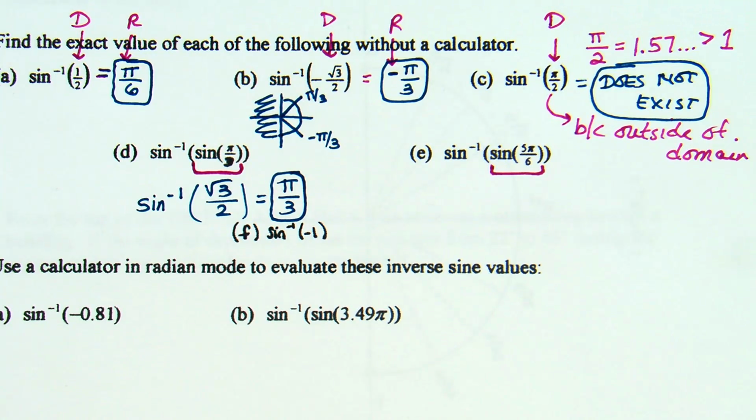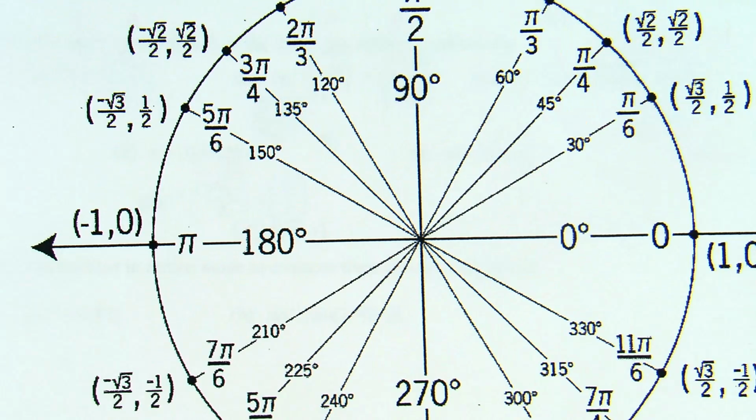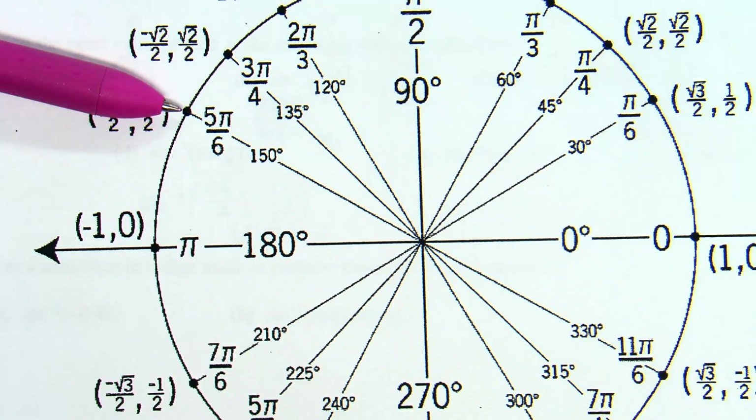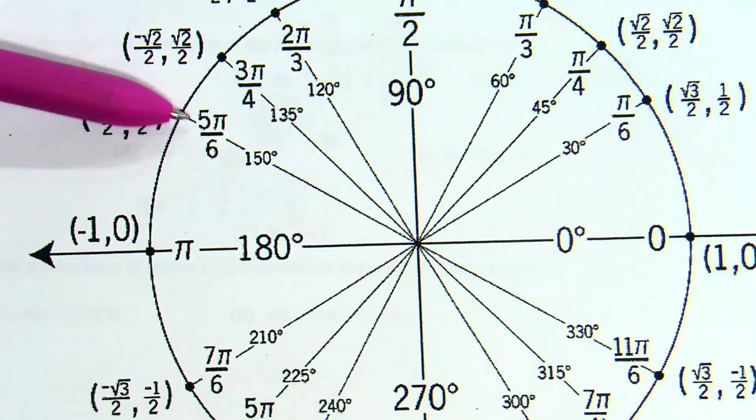So this is where I'll use the unit circle for a moment. 5 pi over 6 is where? Quadrant 2. I need a reference angle there. I need to convert this to pi over 6, pi over 4, or pi over 3. How far is 5 pi over 6 from the x-axis?